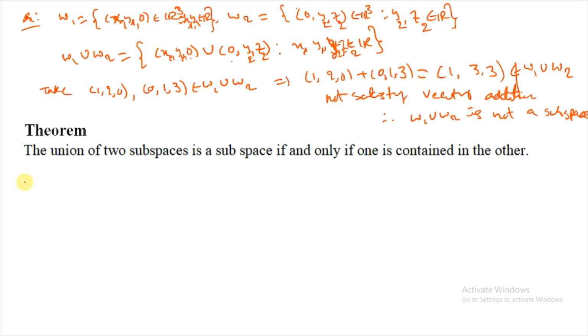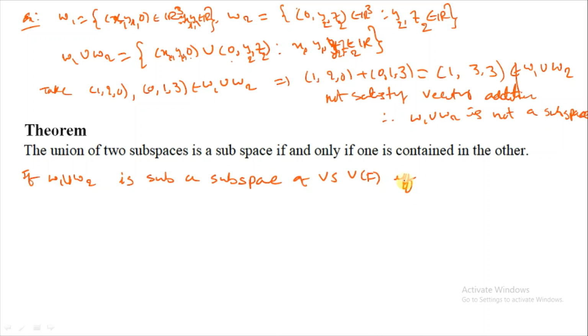That is, if W1 union W2 is a subspace of vector space V over F, if and only if W1 is contained in W2, or W2 contains W1. One is contained in the other. In this case, it's a subspace.